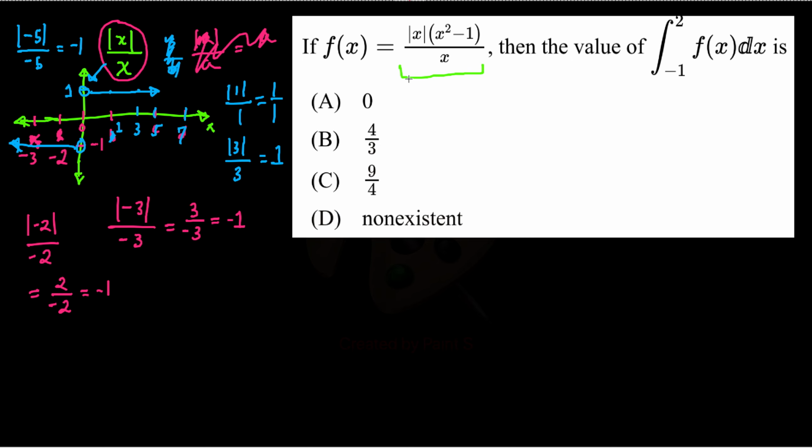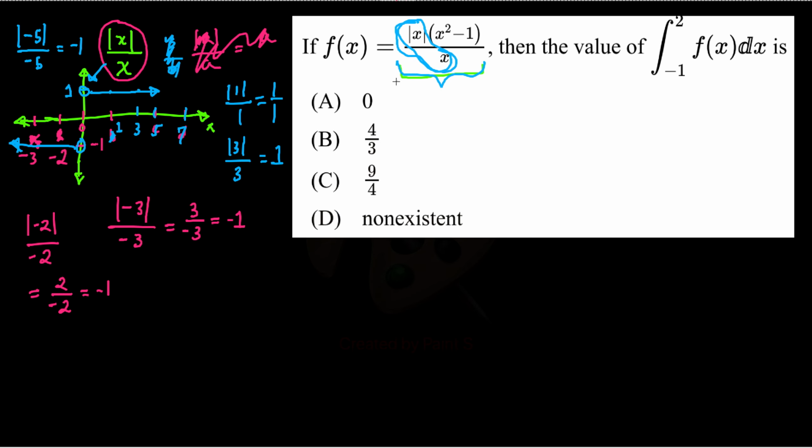How do you incorporate this into this function that we're dealing with here? Well, the way to see this is saying that for negative values of x, this blue part that I circled, the absolute value of x over x, is just -1. It's always -1 for those values. And then for positive values of x, it's just +1.